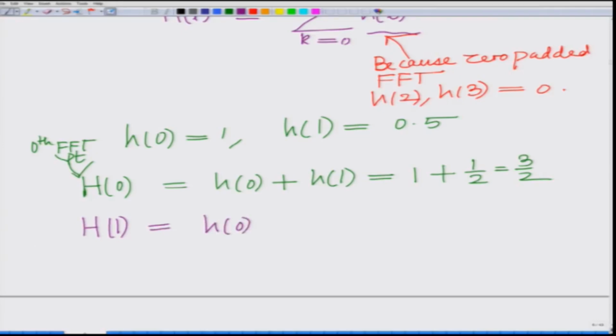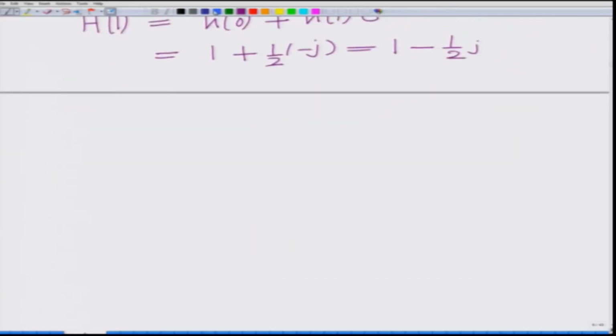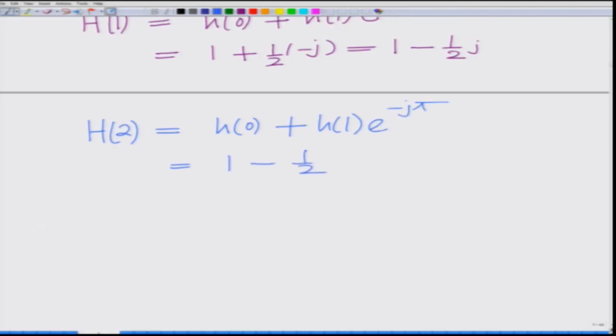Capital H1 equals small h0 plus small h1 e power minus j pi by 2, which is 1 plus half into minus j, equals 1 minus half j. Capital H2, the channel coefficient across the second FFT point or second subcarrier, equals h0 plus h1 e power minus j pi, equals 1 minus half, equals half.